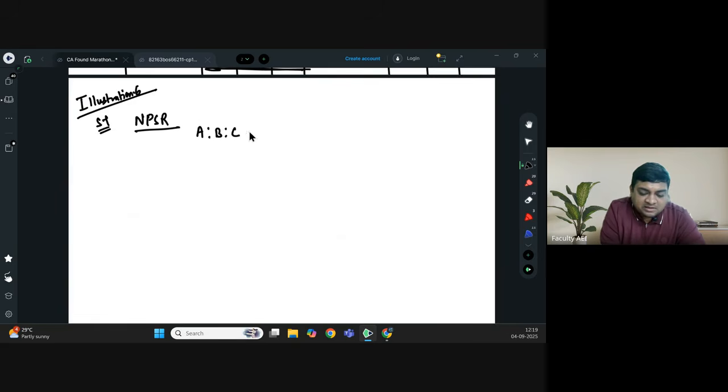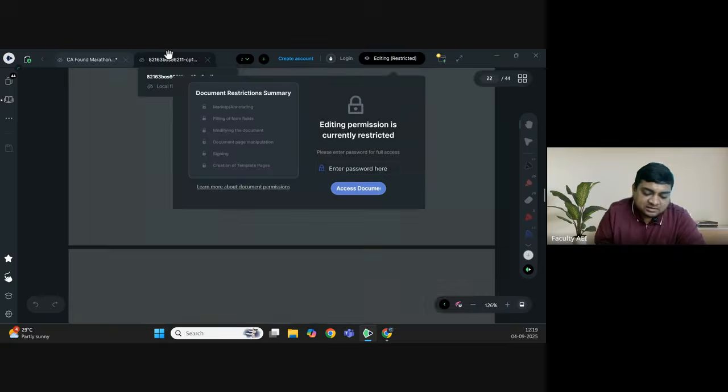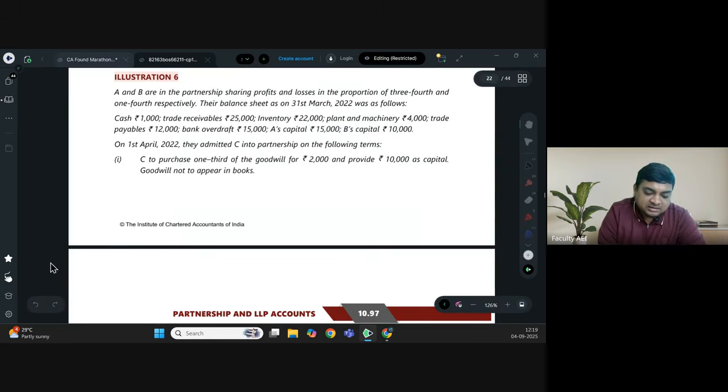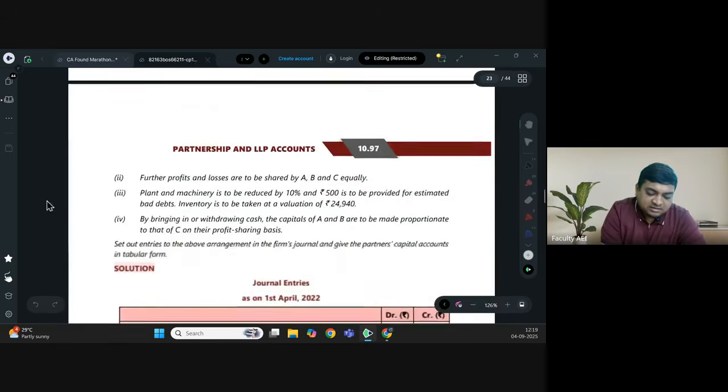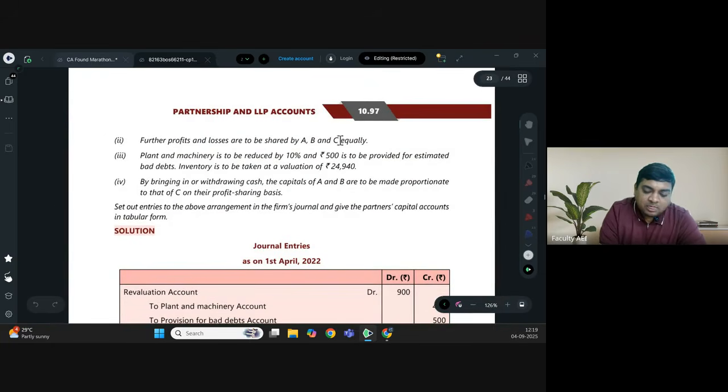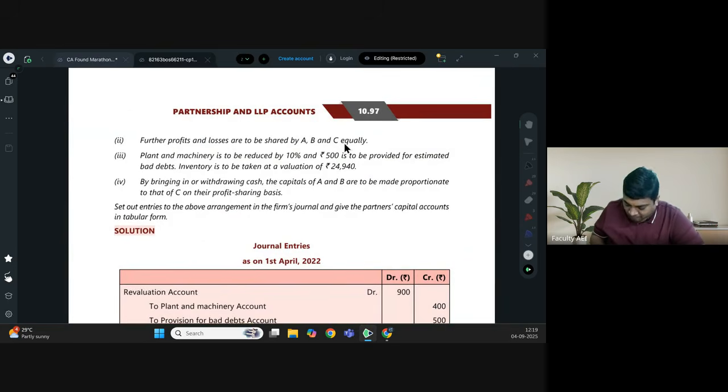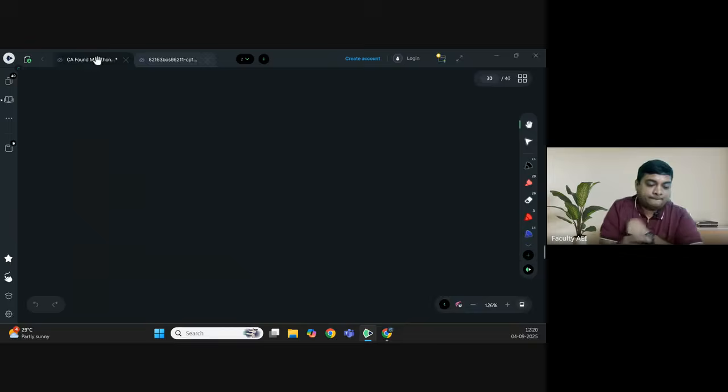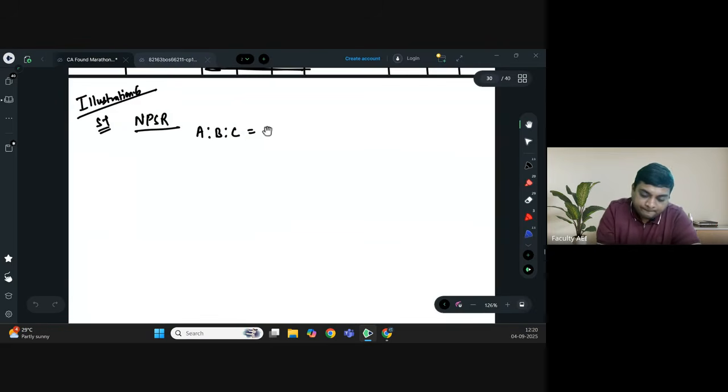A, B, C: equal. Right? One is to one is to one.